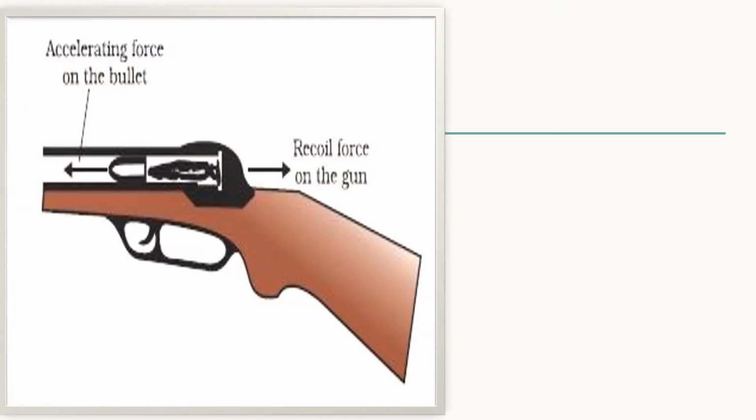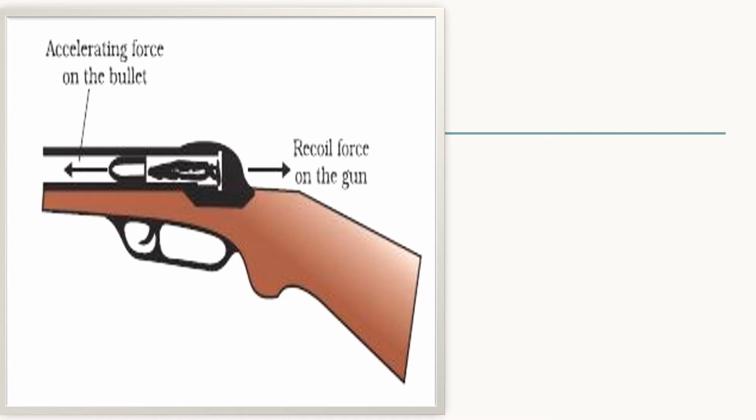Now, as you have seen, during the recoil of a gun, the bullet that comes out of the gun has very high acceleration. So, why has this happened? The bullet's acceleration is high, but the gun is providing a force backward. Why is its acceleration not as high as the bullet's? Again, the explanation is Newton's second law of motion.